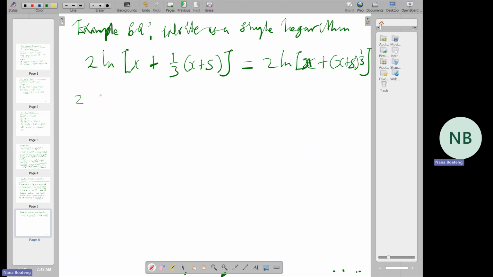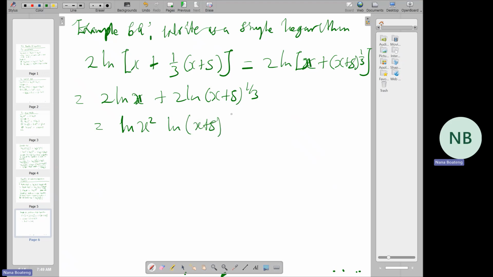And so this is 2 log x plus 2 log of x plus 5 to the power 1/3. And so this is log of x squared, and this is also the log of x plus 5 to the power 1/3 times 2, so power 2/3.